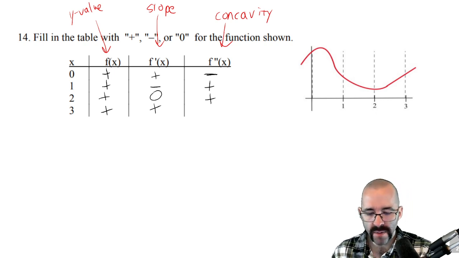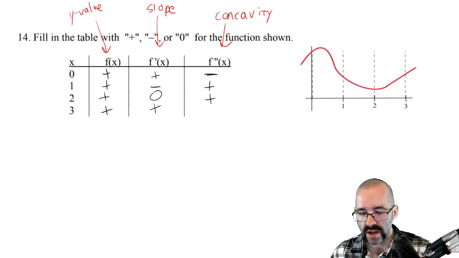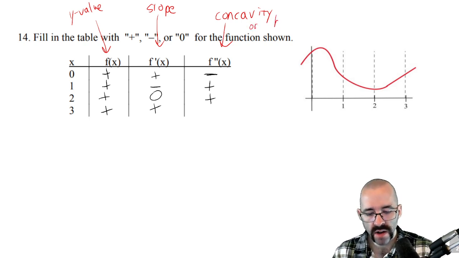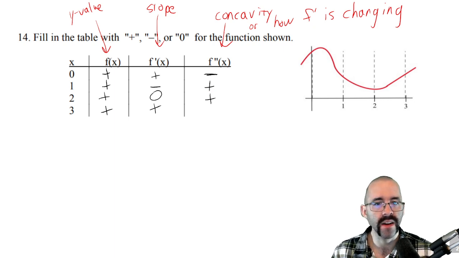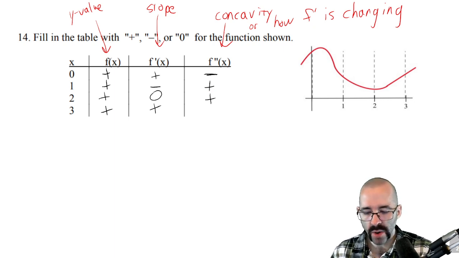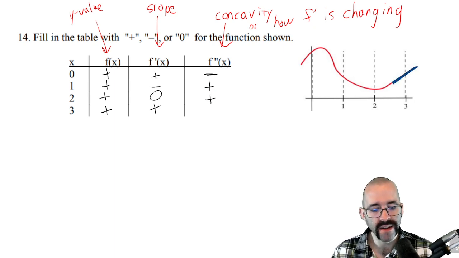Think of f prime, right? It's concavity, sure, but it's also how f prime is changing. This said f prime was getting smaller, f prime was getting bigger, f prime was getting bigger. How is the slope changing on this line?